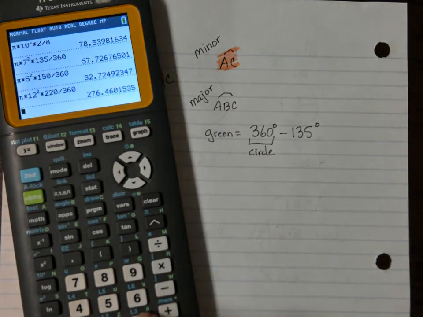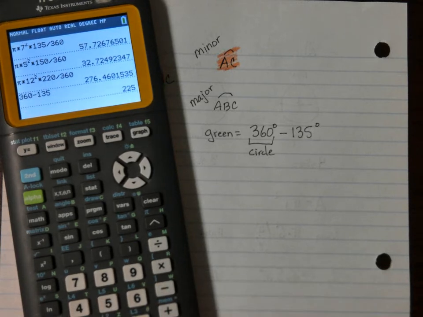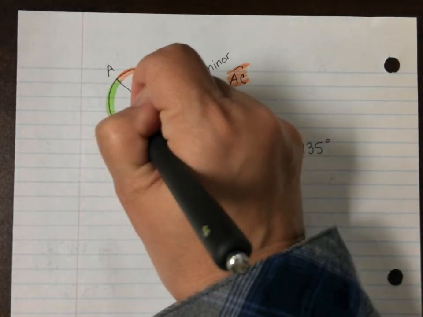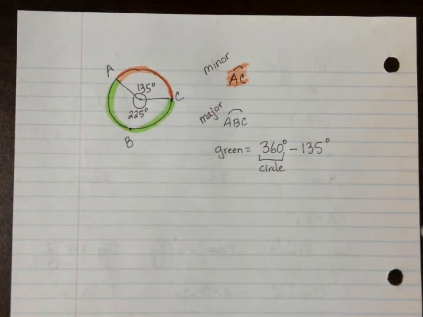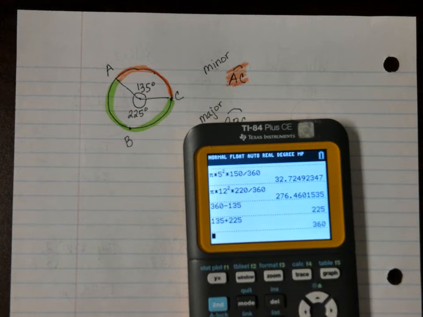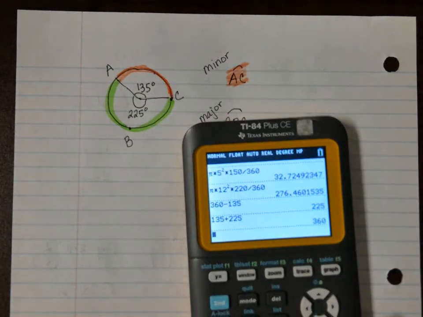So I do 360 minus 135. That would be 225. And so then when I do 135 added with 225, that adds back up to 360. All the way around the circle is 360.